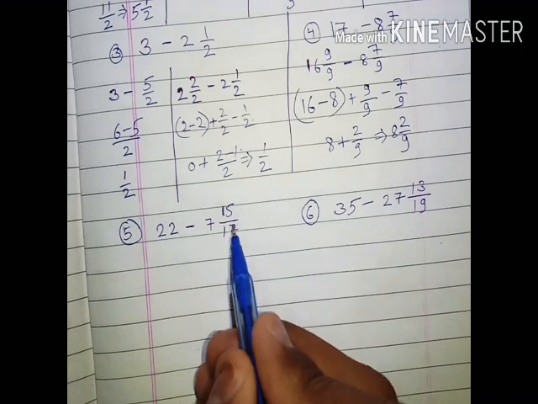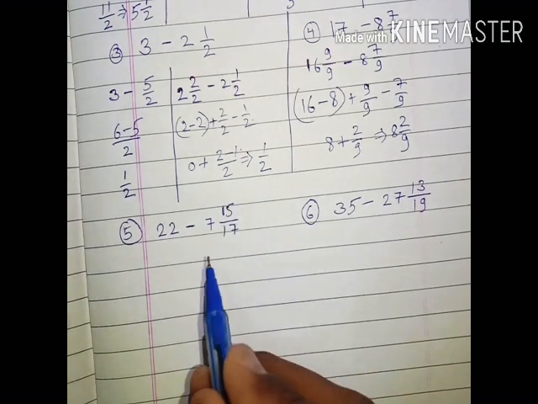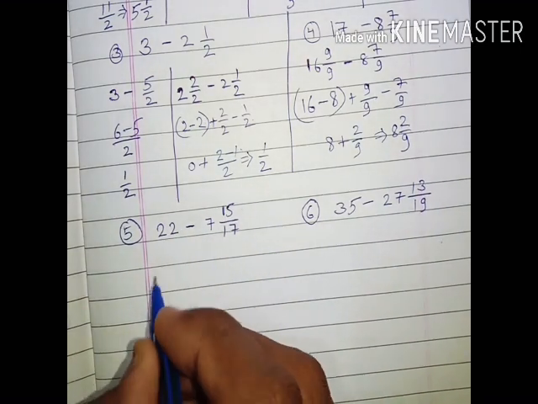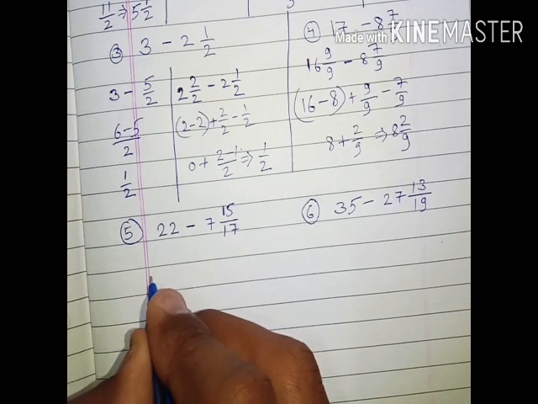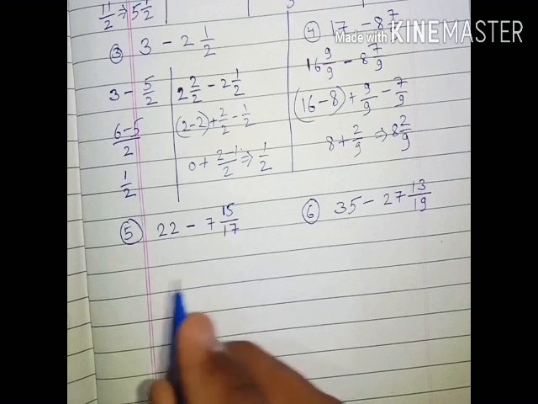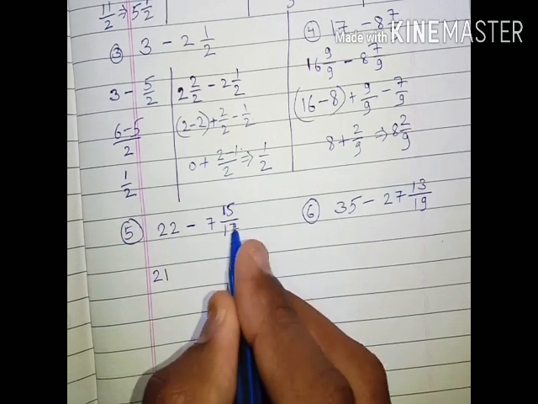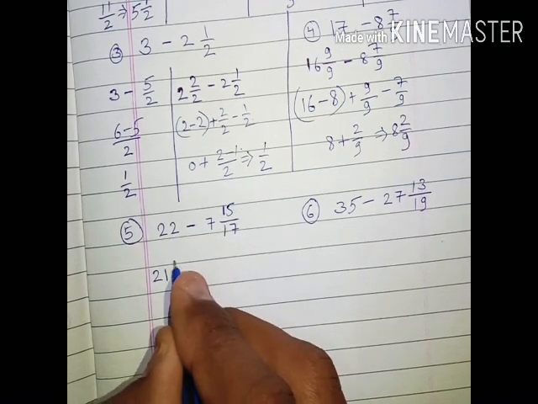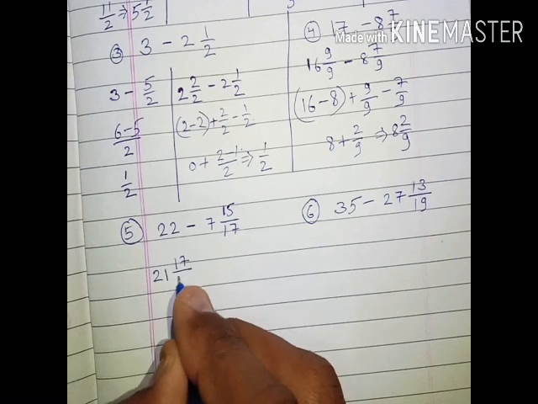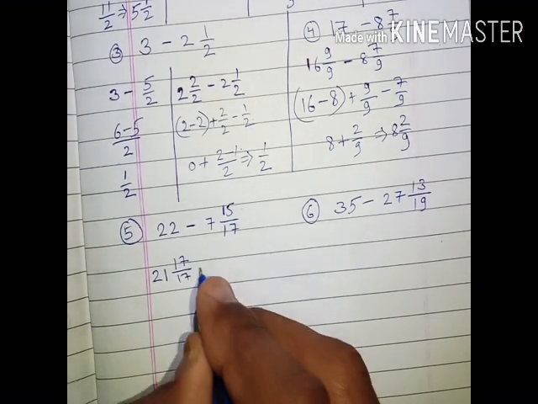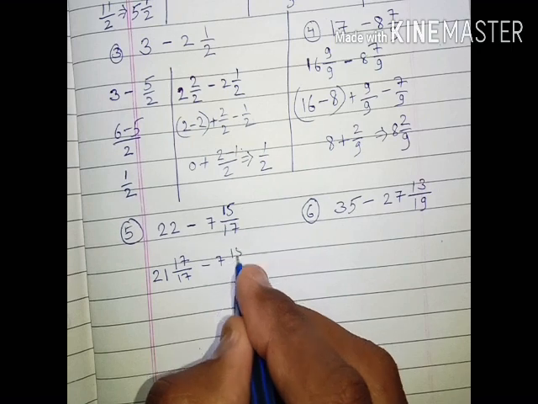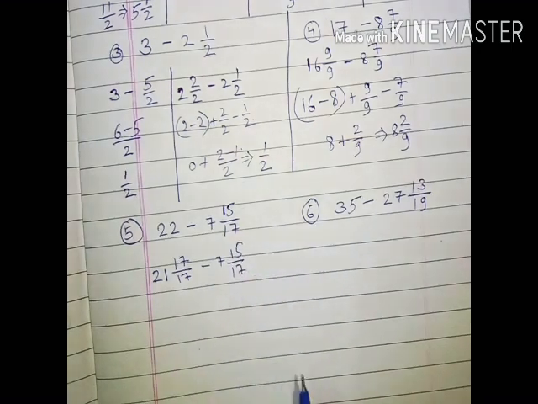If the mixed fraction will be more complex, then it will be more tough to do this by the basic method. Now we will study the same method again. We can write 22 as 21. To make the denominator same, we write 17 upon 17 and subtract 7 15 upon 17.